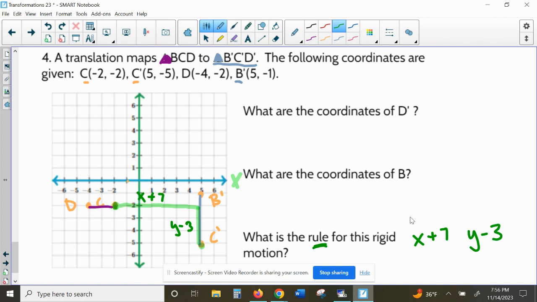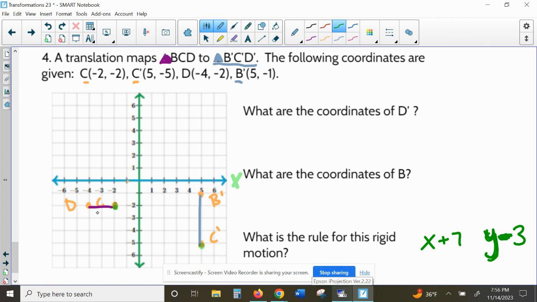Okay? So I'm going to get rid of some of that writing that I just did. Oopsie. I just want to get rid of the lines on the graph. I shouldn't have erased that. So this is going to be x plus 7 and y minus 3, right? Okay, so let's go ahead and move the D. If I have this D, and I want to move it, I've got to move it the exact same way.